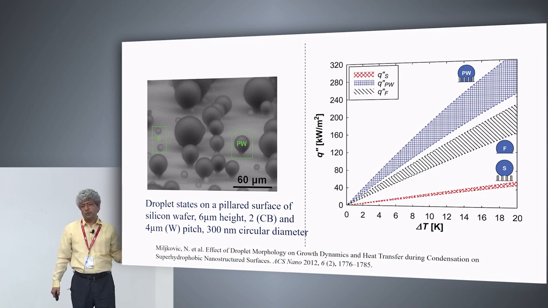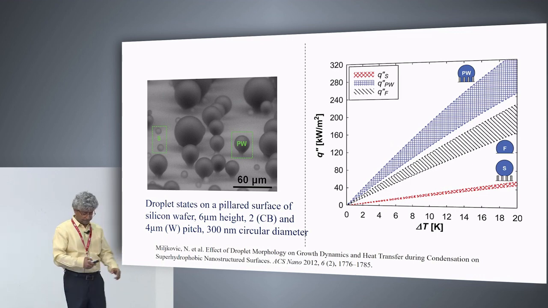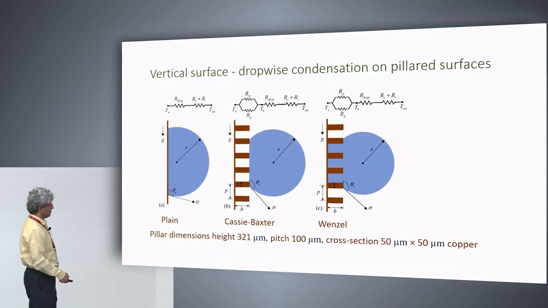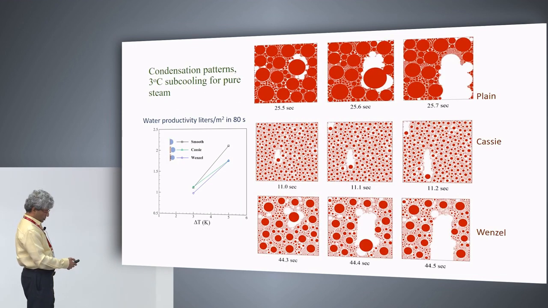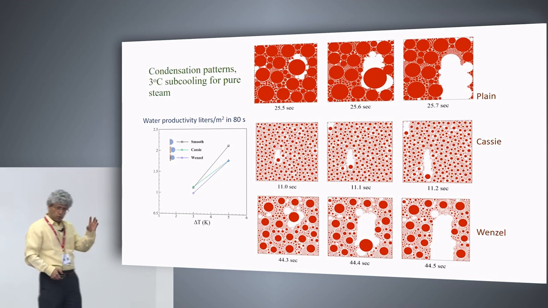Now, we wanted to see the same thing for metallic surfaces where pillars necessarily are larger, that's the state of manufacturing. So we carried out that analysis. Just a summary. This is for a plane surface, and they are all to scale.